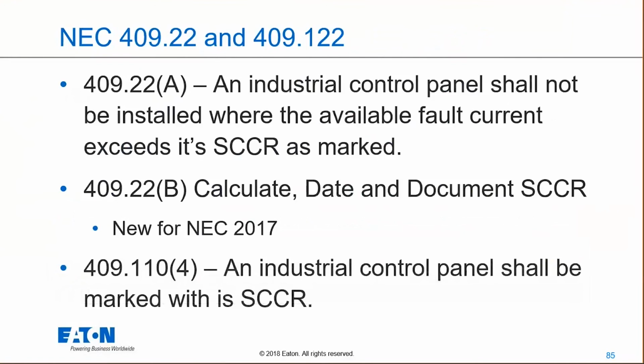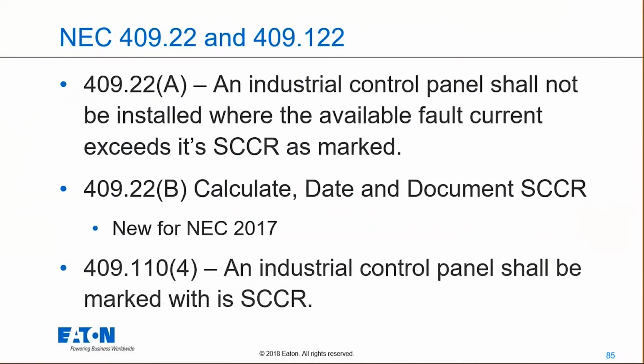This is a biggie, because in Pennsylvania we haven't adopted this yet, but I do want to make sure that you're all aware of this before we finish up for the day. Under NEC 409.22, it has always been the case under 409.110, which is down at the bottom, that an industrial control panel shall be marked with its SCCR.